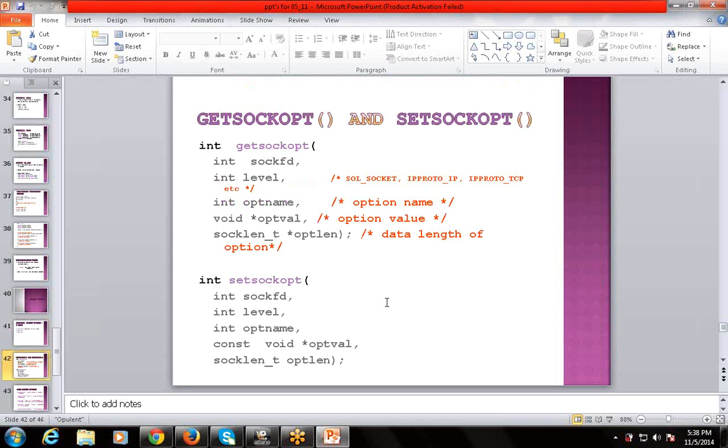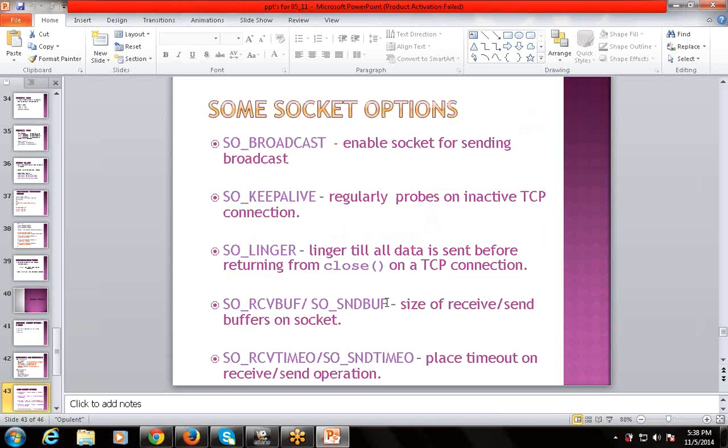Then these are the various codes used for the various socket commands: getsockopt and setsockopt, and these are the various socket options that are available. SO_BROADCAST enables the socket for sending broadcasts. SO_KEEPALIVE regularly probes whether there is any inactive TCP connection.